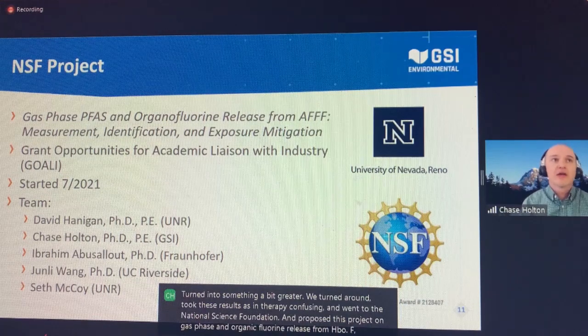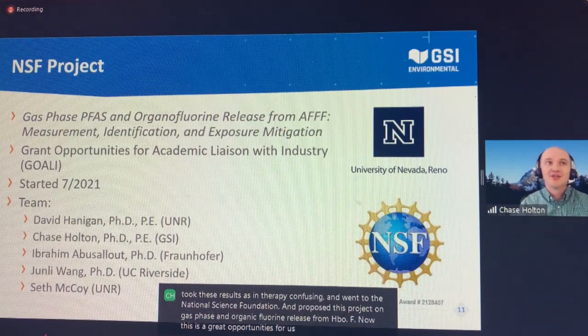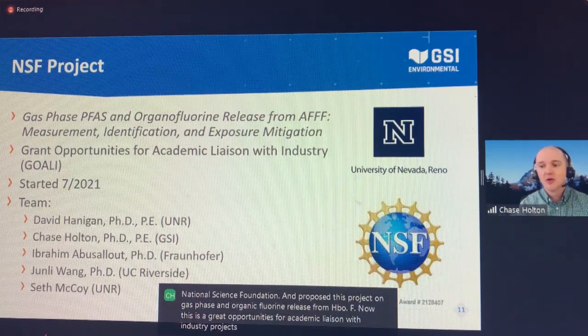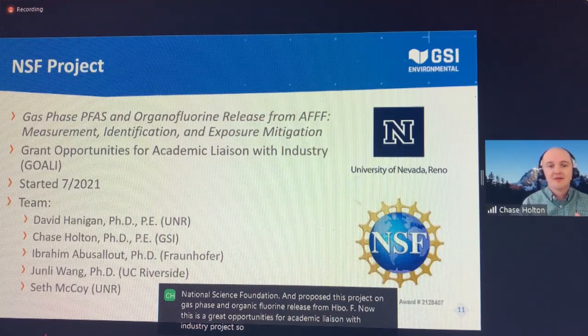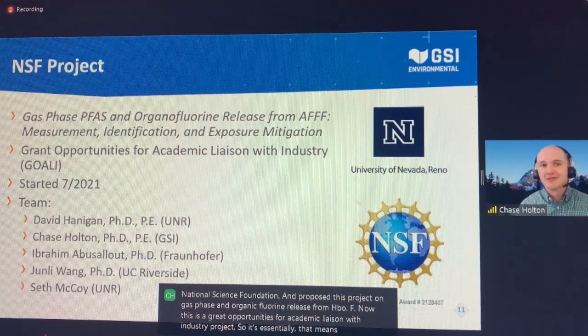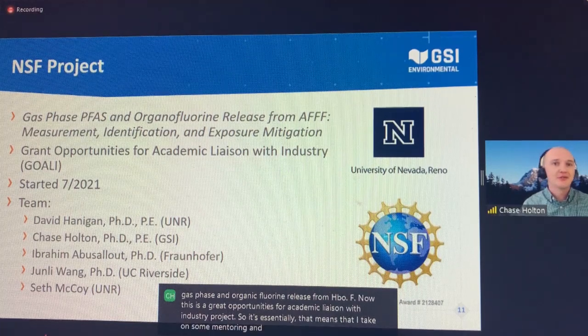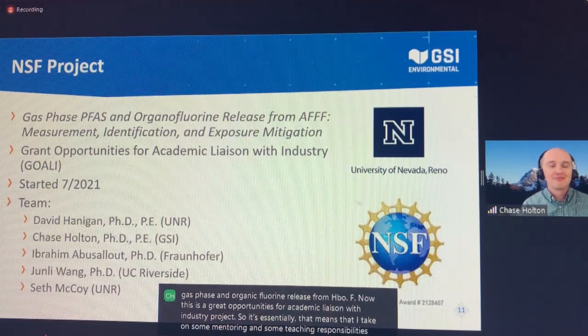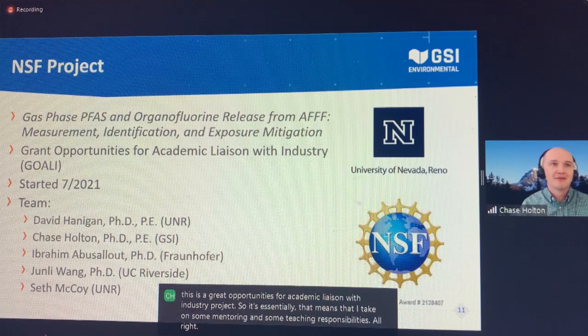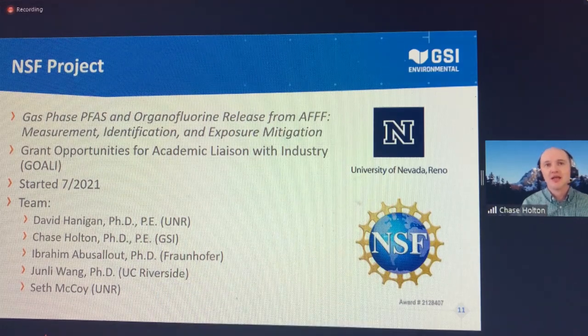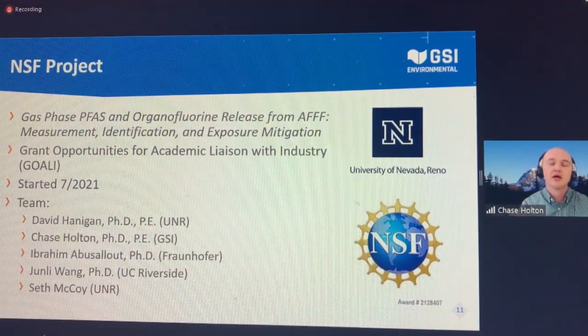This is a Grant Opportunities for Academic Liaison with Industry project. Essentially, it means that I take on some mentoring and teaching responsibilities, but really no money is exchanged between industry and NSF. All the money goes to University of Nevada, Reno.